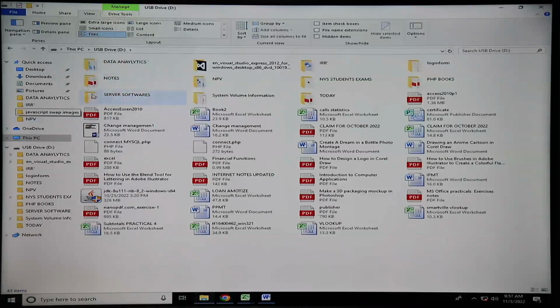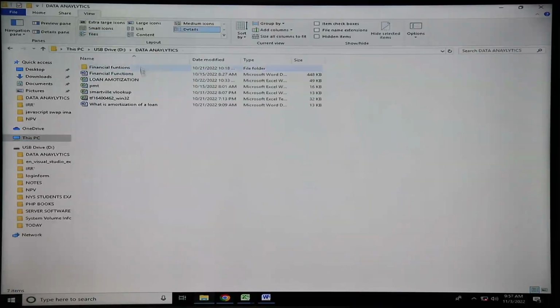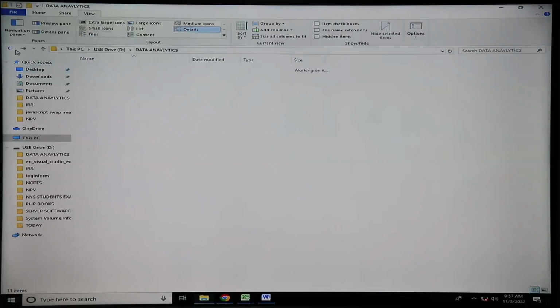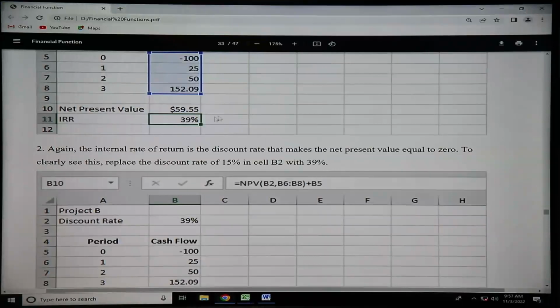I'll prepare some notes for this. Then once we finish, again we will send them to that WhatsApp group. So that one will be on Saturday.